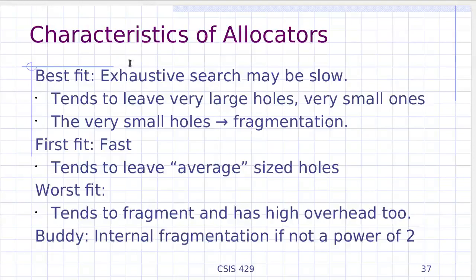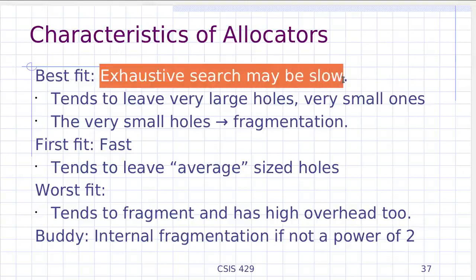So if you take a look at these allocators that we talked about, best fit, first fit, worst fit, and buddy, if you compare them, best fit, remember, will end up scanning the entire linked list, and so that might be slow. So it's called an exhaustive search. You search all the nodes in the free list. If you have a million nodes, that's going to be slow.